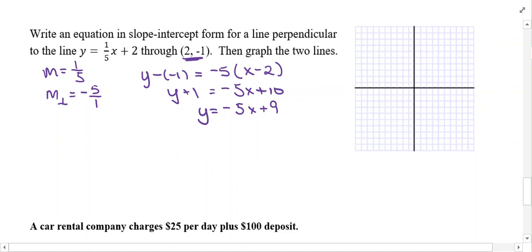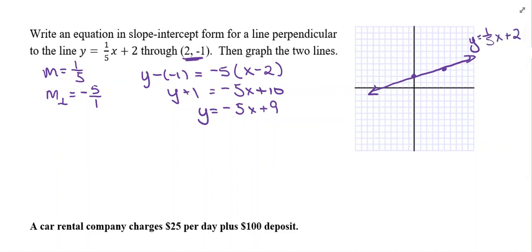So we need to graph both lines. For the first line, the y-intercept is 2. Our slope is 1/5, so up 1 and over 1, 2, 3, 4, 5. And we have our first line, and that's y equals 1/5 x plus 2.